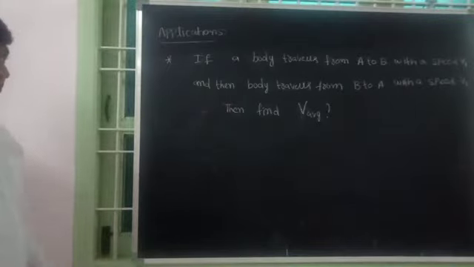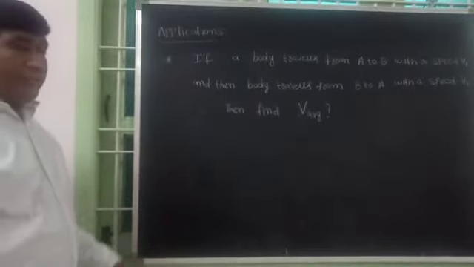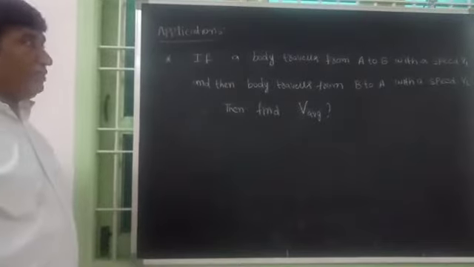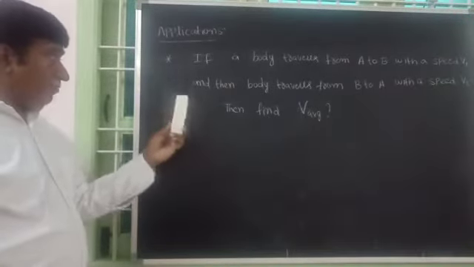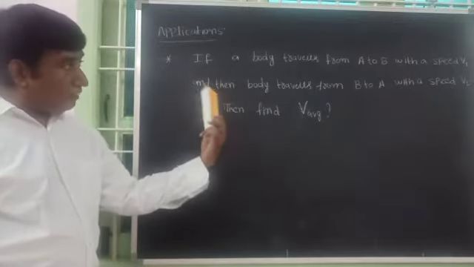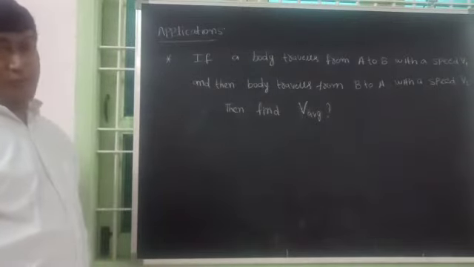If you have understood the concept clearly, you can tell the answer. So what is the average speed? If a body travels from A to B with speed v1, and then from B to A with speed v2.